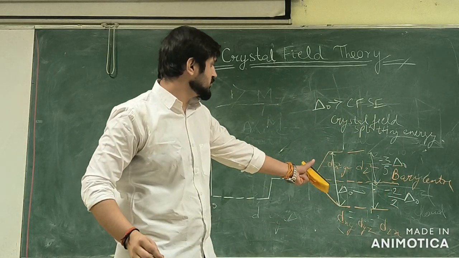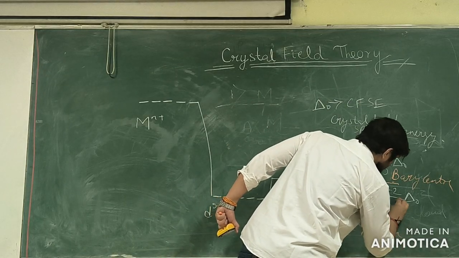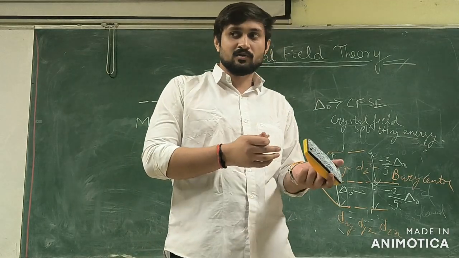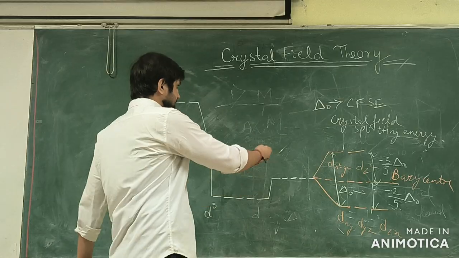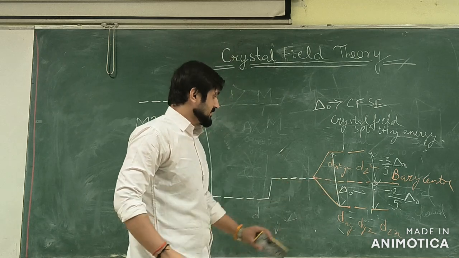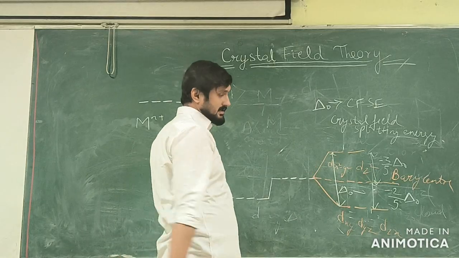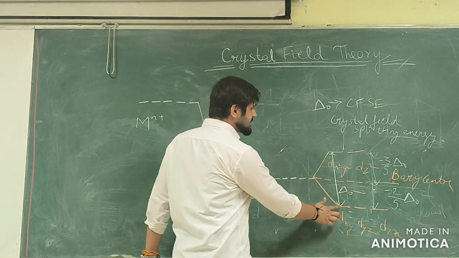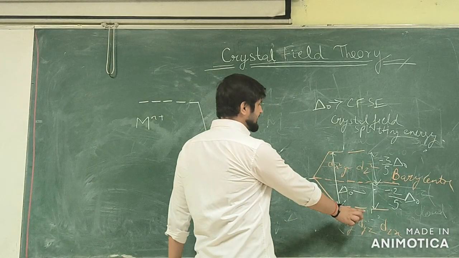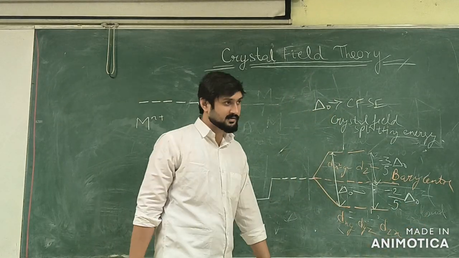Sometimes students get confused because these values are very similar when we study the tetrahedral splitting and the octahedral splitting. So how you can cross check that you are writing the energy in the correct order is that you can fill 6 electrons in these 3 orbitals combined. So when you multiply this 6 by this 2 by 5, you will get 12 by 5 delta naught.